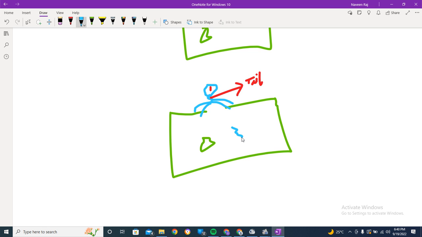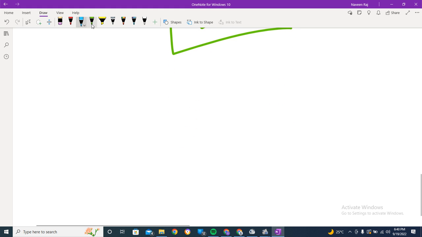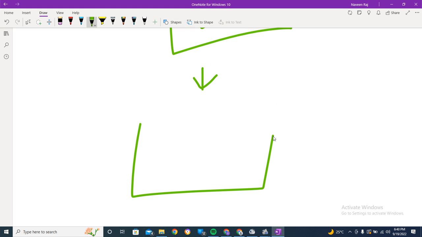The next phase is the biosynthesis or the replication of the phage. The next step is like this. This part over here is now just left behind.